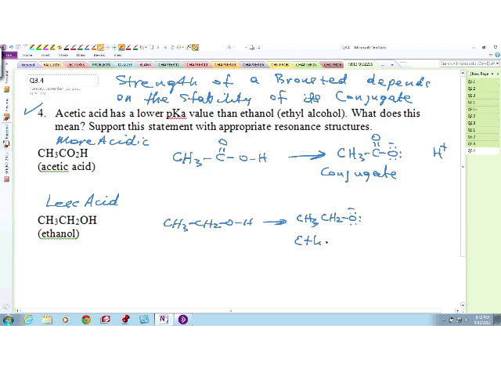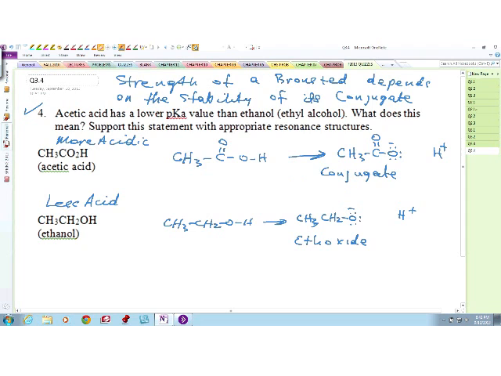We get what we call ethoxide. And that is the conjugate base of ethanol. This is the conjugate base of ethanol. Now the question is, why is acetic acid more acidic than ethanol?